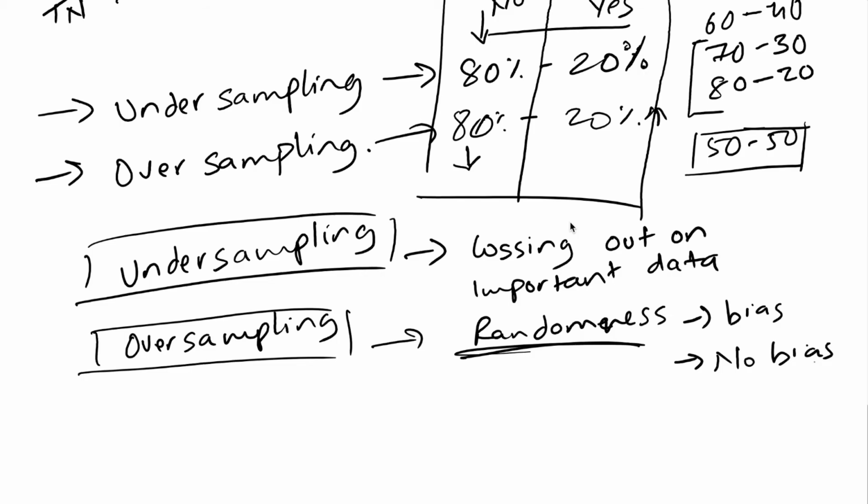Another trade-off could be that when you're adding more rows to oversample your data, you may have data which has no predicting power for modeling. So that is another trade-off when you want to oversample data.